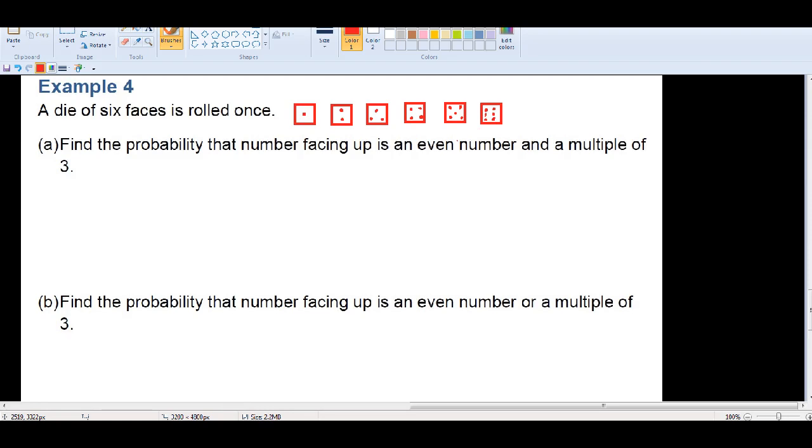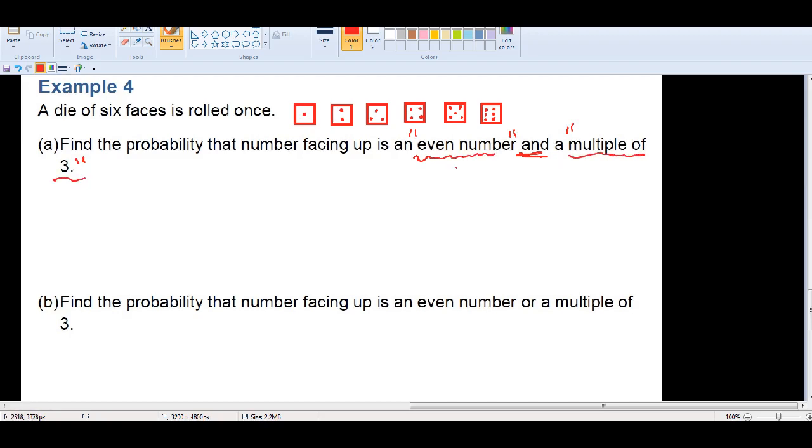Okay, so let's see. The number facing up is an even number and a multiple of 3. So again, you see the word "and", so there are actually 2 events, even number and multiple of 3.